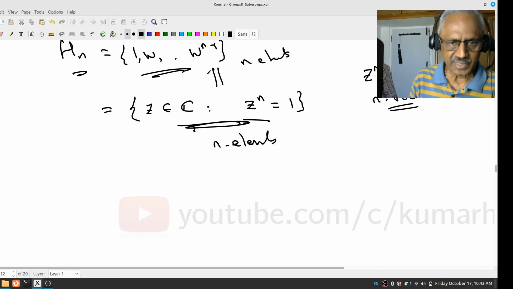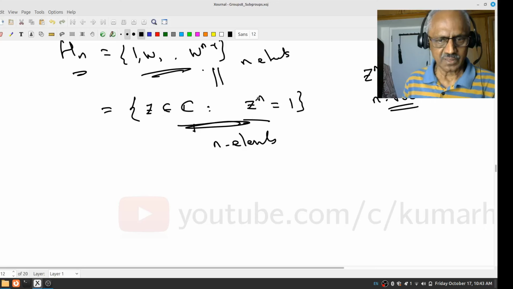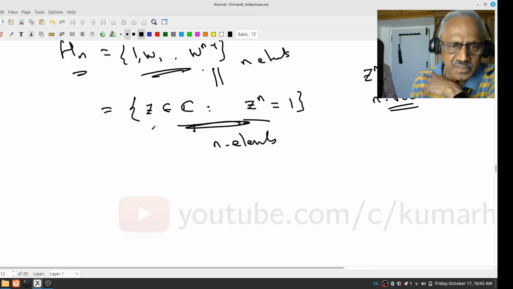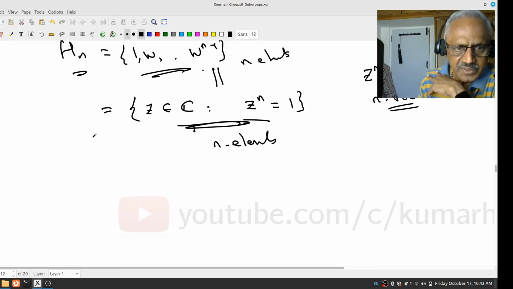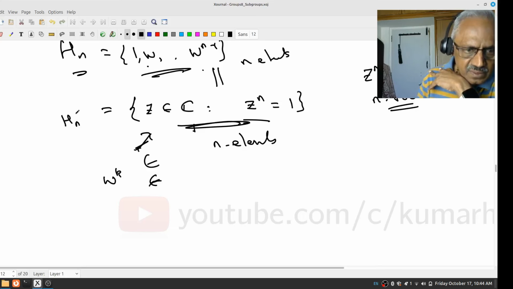See, Hn we already defined. Now Hn has an alternate description, namely the set of complex numbers such that nth power equal to 1. Now I want to say these two sets are the same. The first thing I want to say is: start with an element here, omega power k. I want to say it belongs to this, maybe I'll call it Hn dash.